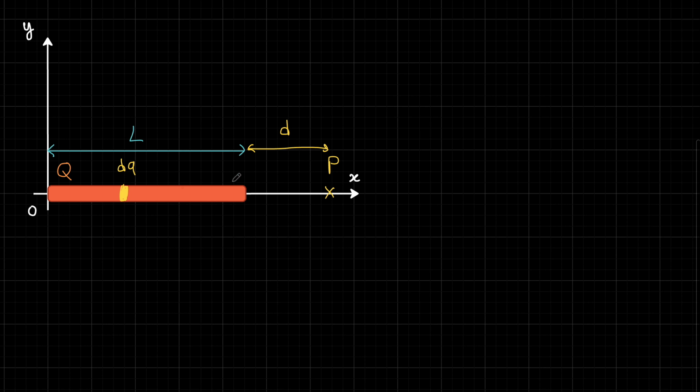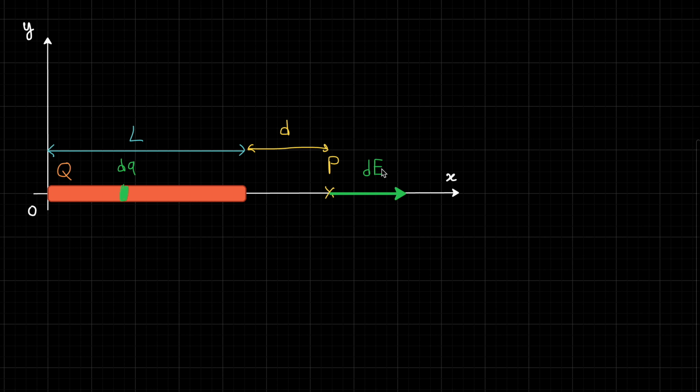So then the direction of the electric field due to charge dq at point P will be in the positive x direction. So this is what it looks like. I'm going to call this vector dE.